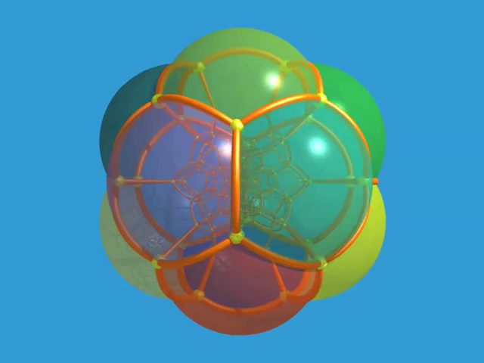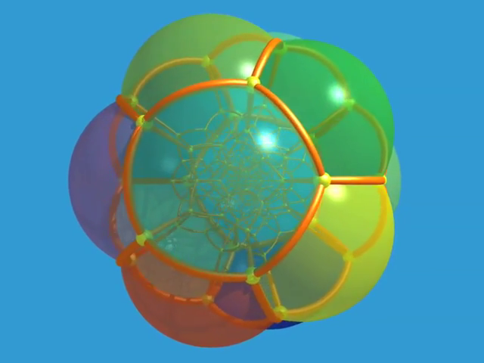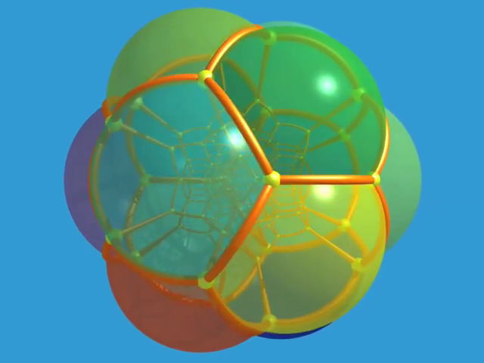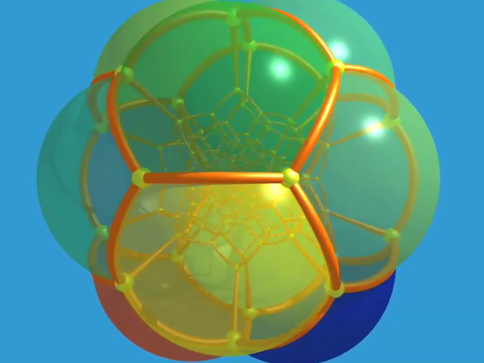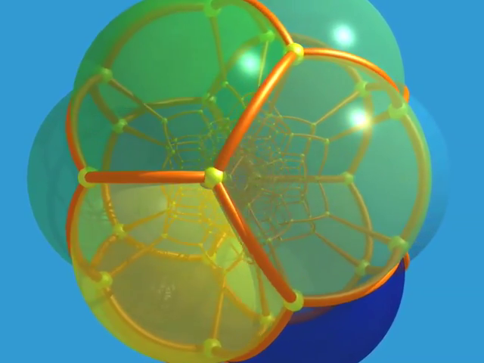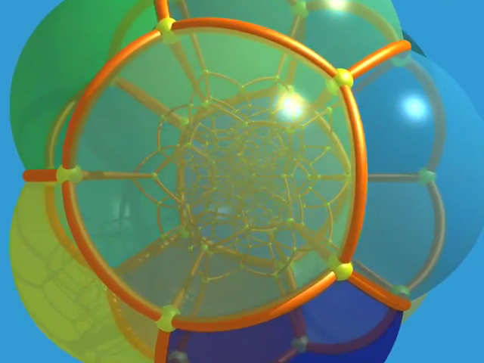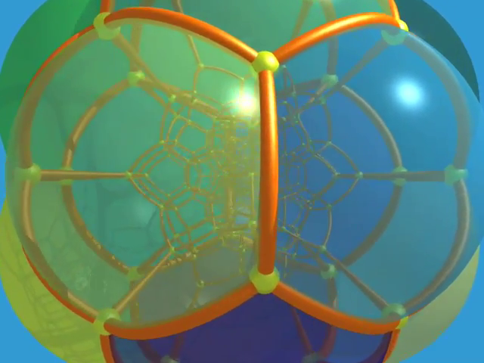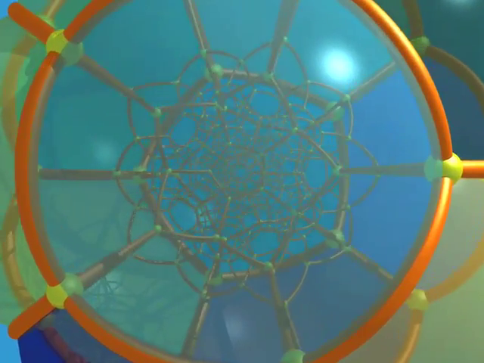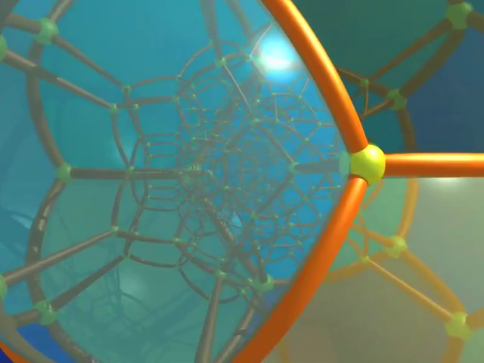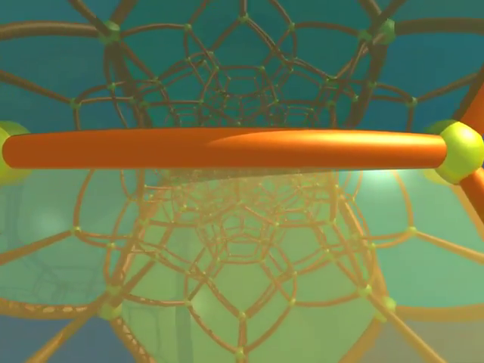Here's the 120 cell. Let's try to understand its geometry better. Four edges start at each vertex. The two-dimensional faces are pentagons. There are 720 of them.